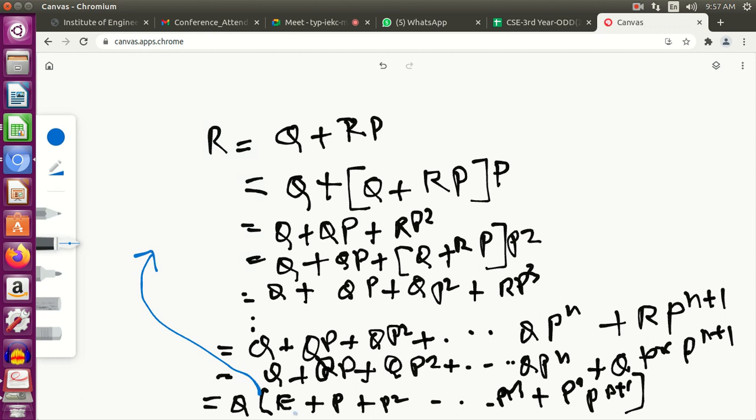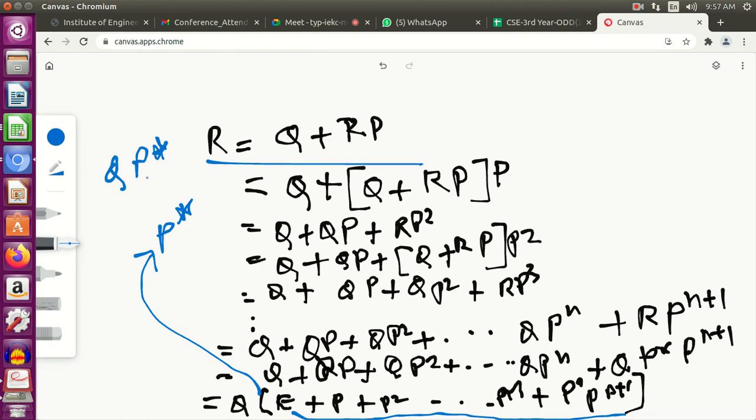Now this entire thing, if you look at it carefully, is nothing but p star. And at the front we had a q, so finally again we get q p star. We had started with r is equal to qp star and we have ended with again r is equal to qp star.